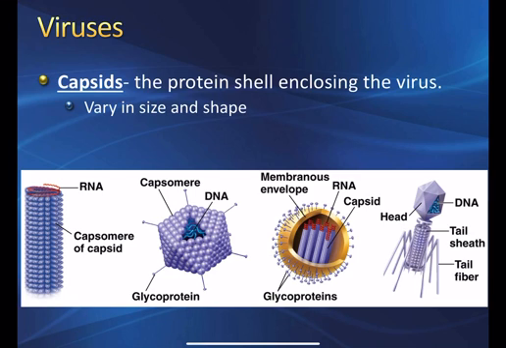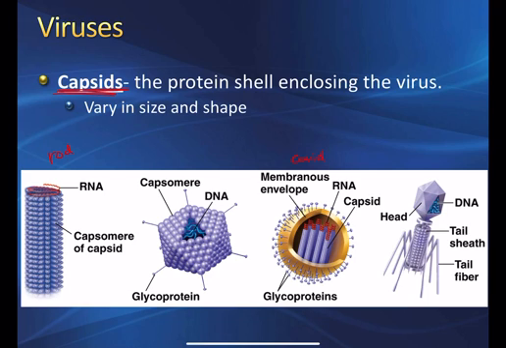So when we look at viruses, they are held in that protein coat. And that protein coat is called a capsid. That's an important term. Viruses differ in shapes. This is like a rod virus. So they have all different types of shapes. This one's going to look more like the coronavirus, with those proteins on the surface.